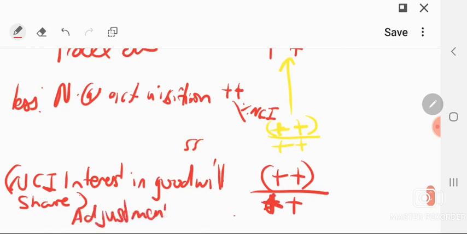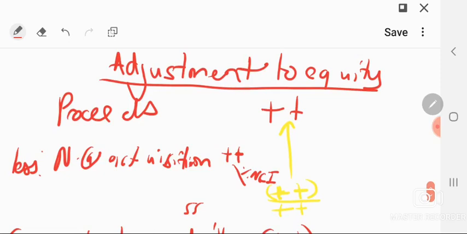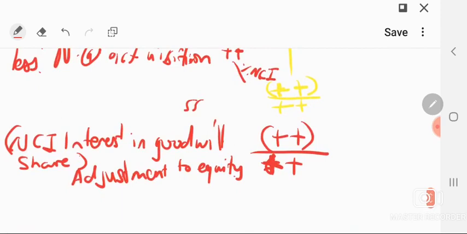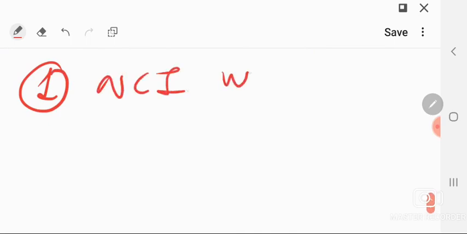This same figure, the adjustment to equity amount, because this whole working, like we started from the beginning, is the working for adjustment to equity. So once you collect this figure, what do you do with it in your consolidation? It just goes to two places. One, take it to the NCI working, which should be working number 4, and add it.